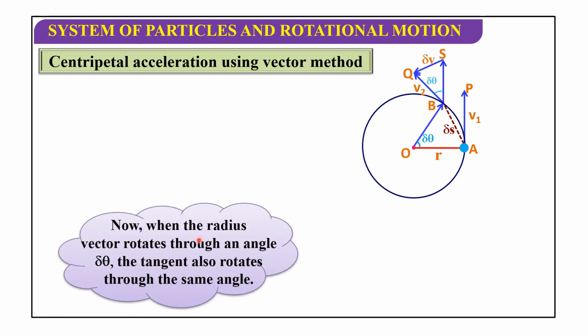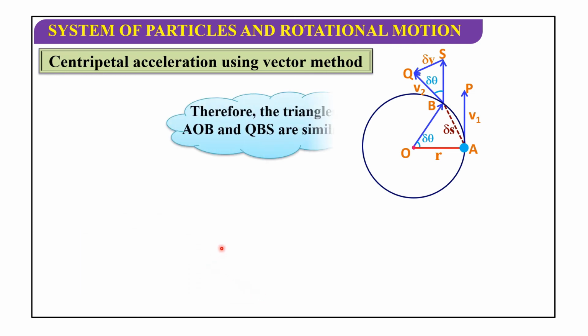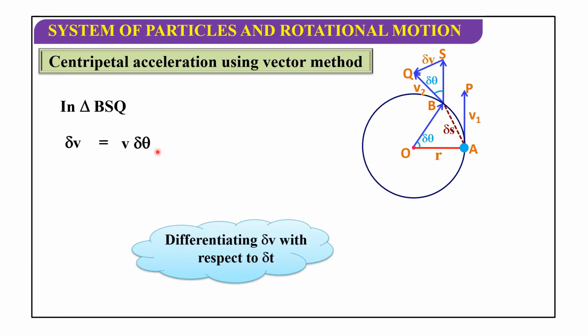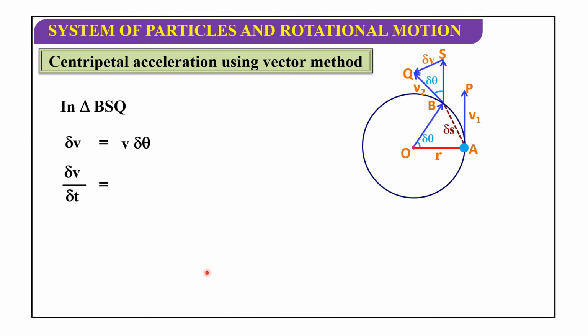Now when the radius vector rotates through an angle delta theta, the tangent also rotates through the same angle. So therefore the triangles AOB and QBS are similar triangles. So in triangle BSQ, delta V is equal to v delta theta. Now dividing delta V by delta t, delta V by delta t is equal to v into delta theta by delta t.